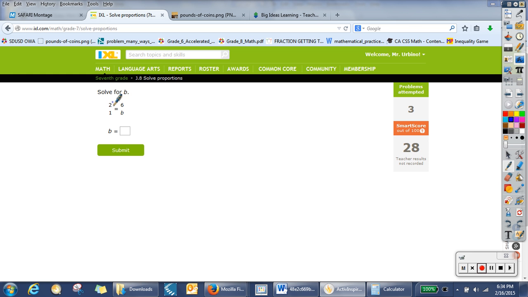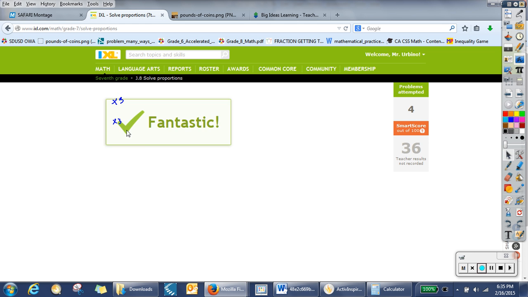You just multiply. What times 2 will give me 6? I know that's 3. And I'm just going to use that same number. Because remember, these are just equivalent fractions that we're working with. So, 1 times 3 will just give me 3. Perfect.